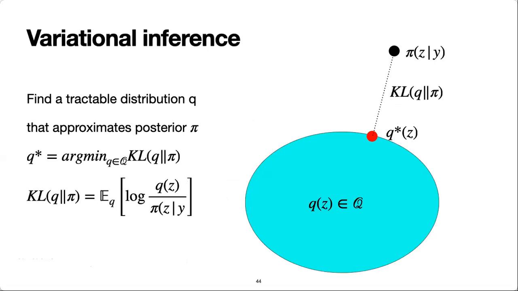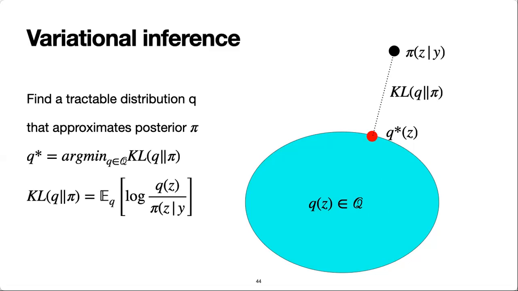So the strategy that we follow is we basically are going to sample from some tractable family of distributions, which are called Q, and we call this the approximate posterior. And we're going to parameterize this family of distributions. And then we will perform optimization to move around within this space of distributions, or parameter space, since it is a parametric family, until we find an optimum subject to the constraint of tractability.